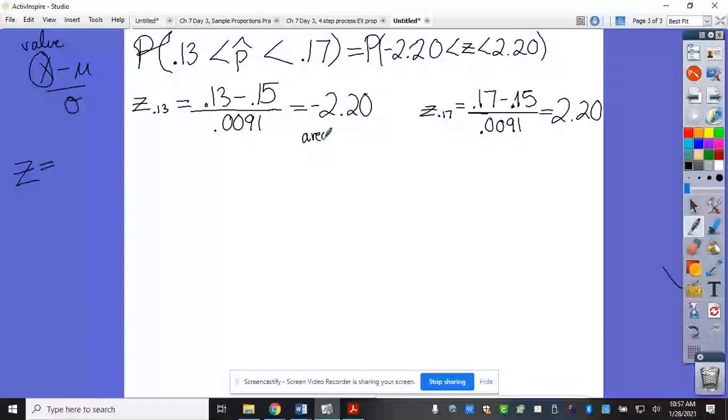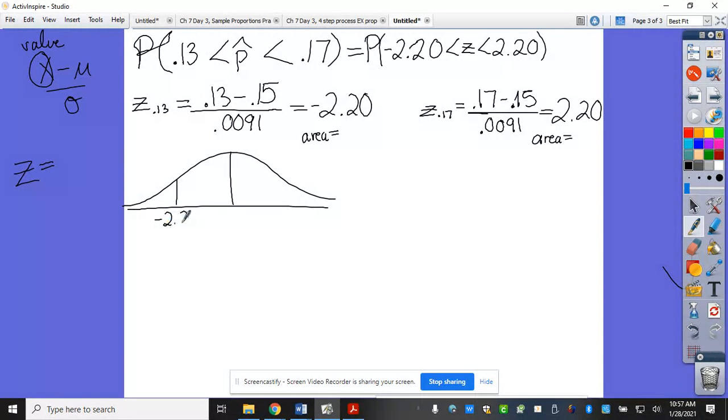So draw it and find the areas. And if it's been a while since you've done this, you might want to go back and look at this stuff because by this point I expect this whole part to take us about a minute.